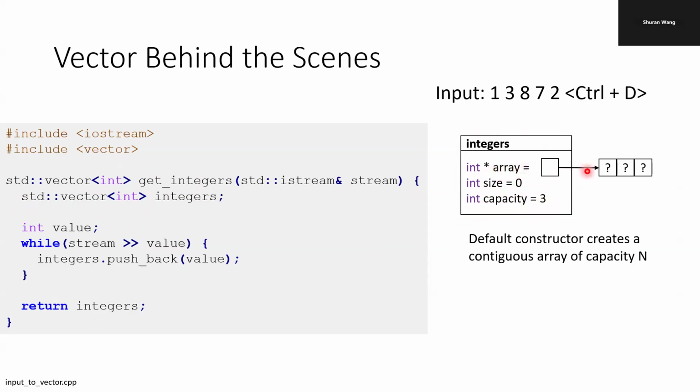So the array initially points to an array allocated with 3 slots. This is not what is actually happening. We're just assuming the number 3 for now. So the default constructor will create something like this.